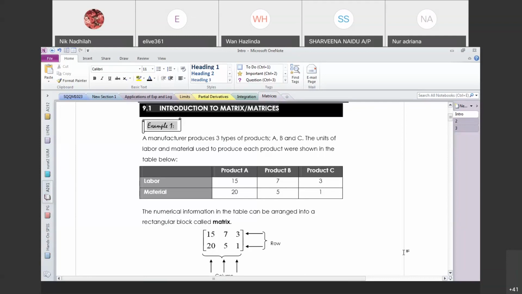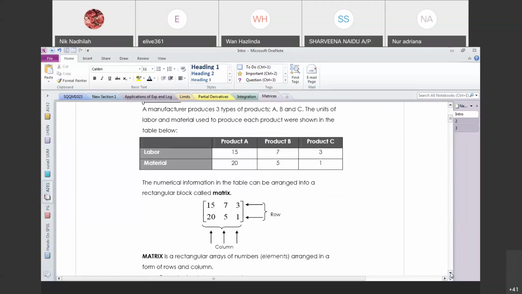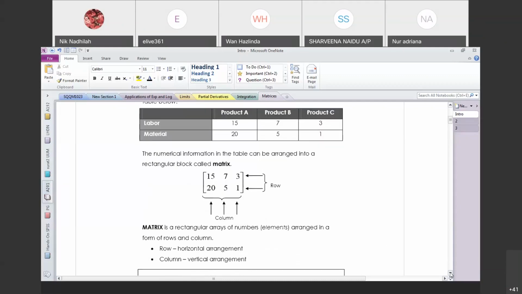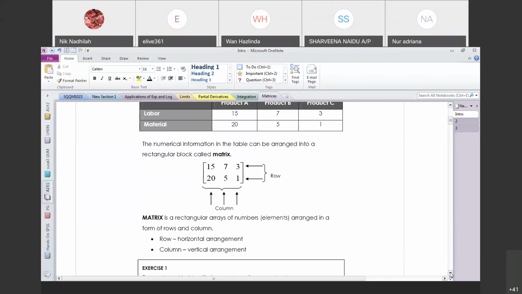So the numerical information can be represented in a rectangular block called a matrix. Horizontally, which is very natural, is the row. The vertical side is the column. Okay, row, column.